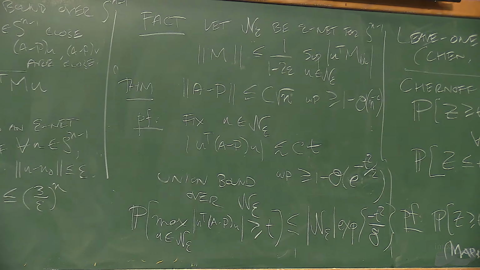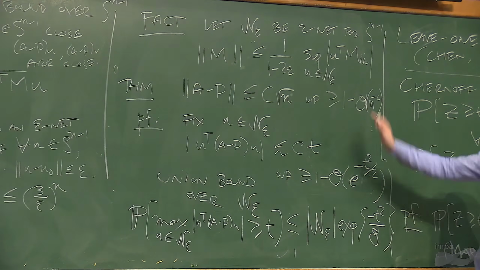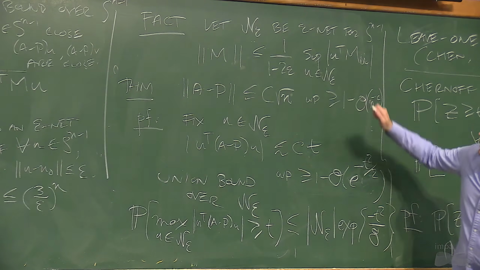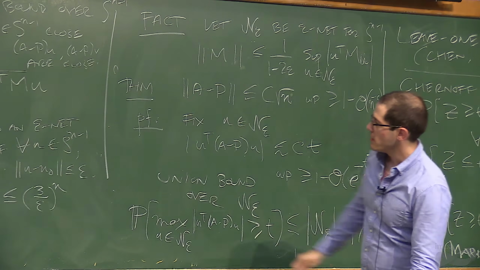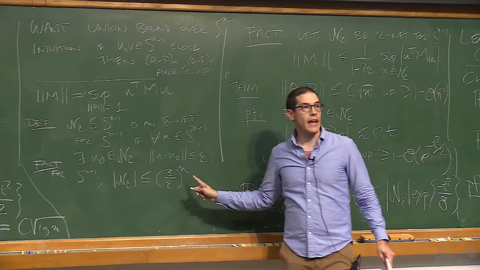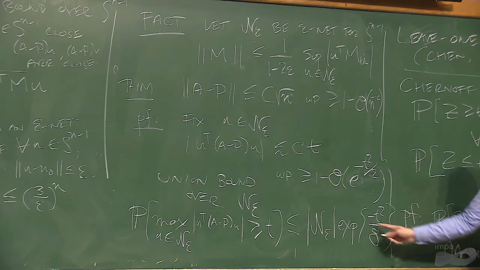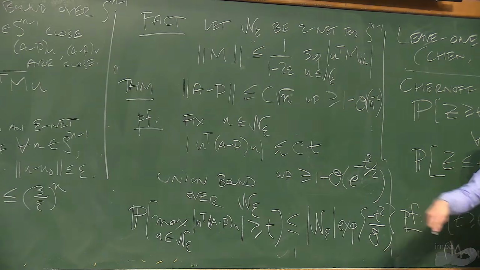I apologize for going a little fast here because we're already 3 minutes late for coffee. Now, the last step. We said that the size of this epsilon net is exponential in n. So I'm going to have to pay an n factor here, and I need to choose t big enough to cancel it out.